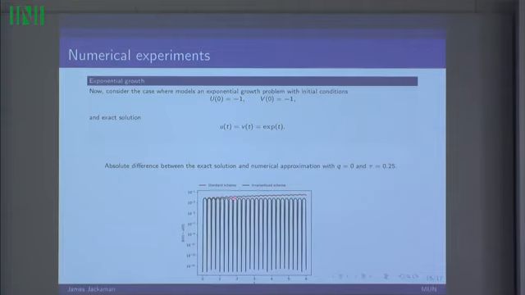And even more than this, if you look carefully at the nodes, every quarter, the error is actually 0. So the invariant finite element scheme is exactly solving the ODE at the nodal points.